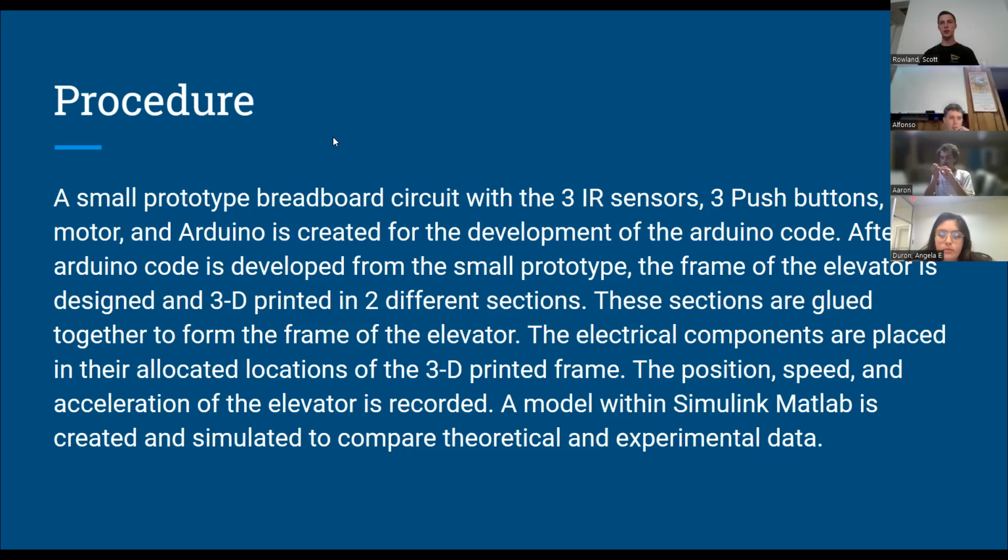This would be turned into an output for the DC motor, thus activating the pulley system, which raised or lowered the elevator platform. And the elevator platform knew when to stop by triggering a new IR sensor, which ultimately allowed the elevator to move to fixed positions and over fixed distances.